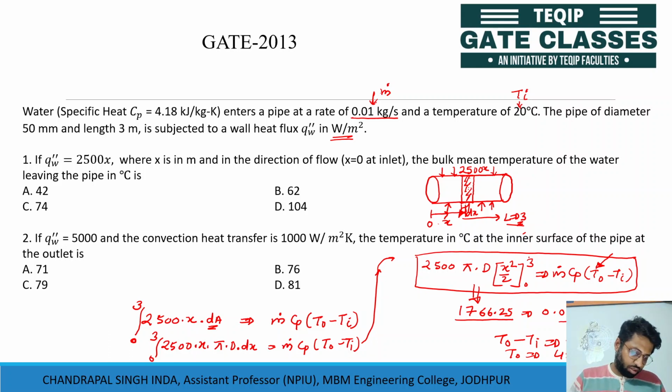So A is not correct, and B is given as 60, so the answer B is correct for this question.